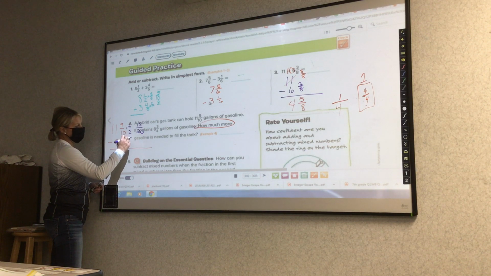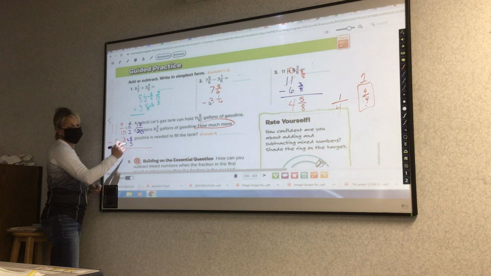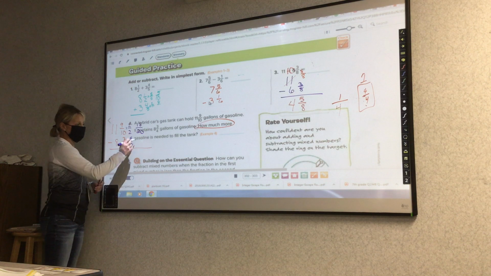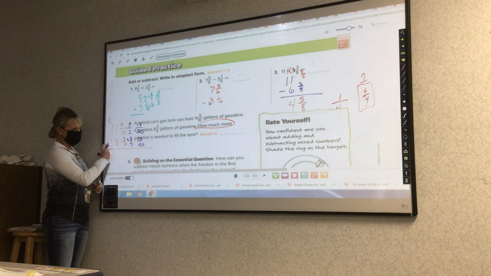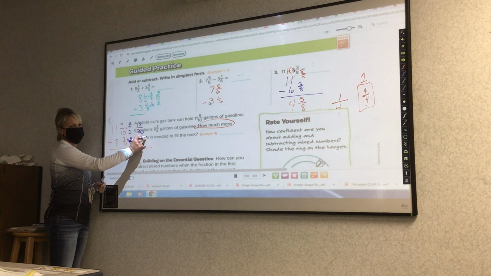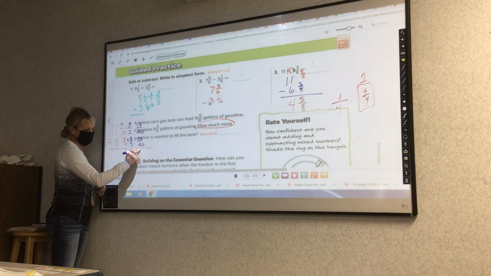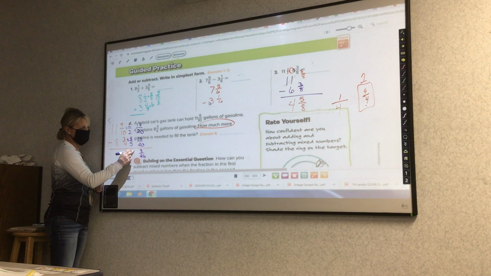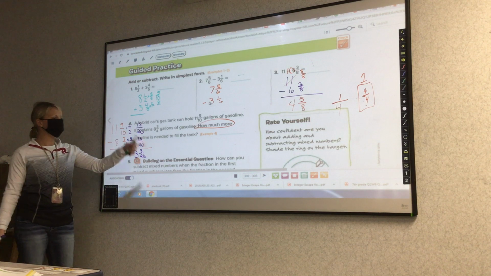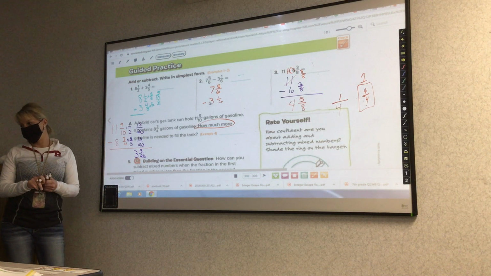Multiply this by 5/5, and I get 15/20. And it's subtraction, so can I take 18 minus 15? Yes, it's 3. So I have 3/20. And 11 minus 8 is 3. So I need 3 3/20 more gallons of gas to finish filling my tank.